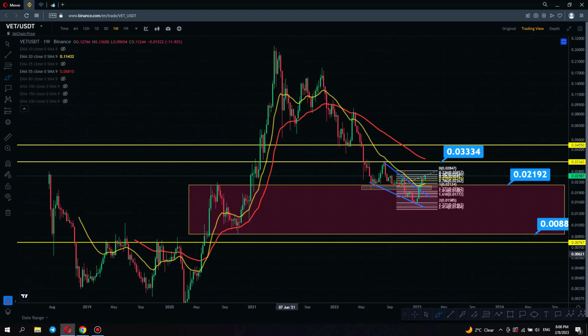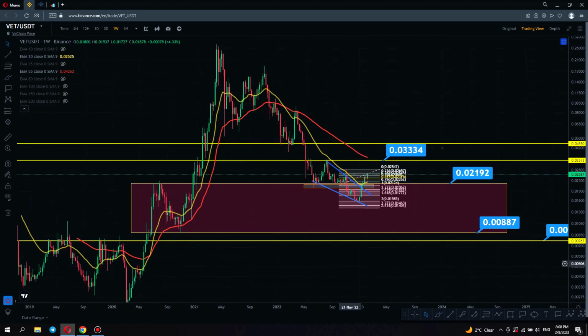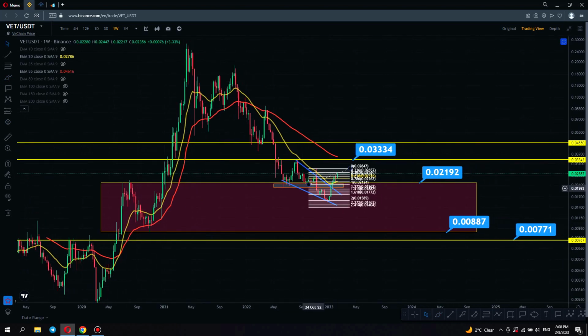And this is something that I gave you a very, very long time ago. We did dip our toes into the support block, but not deep enough, and then we had a nice move to the upside. So I'm not sure if we're going to be coming back into this support block anywhere between 0.029192 all the way to 0.00887.